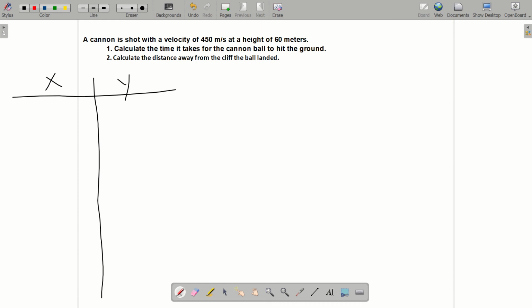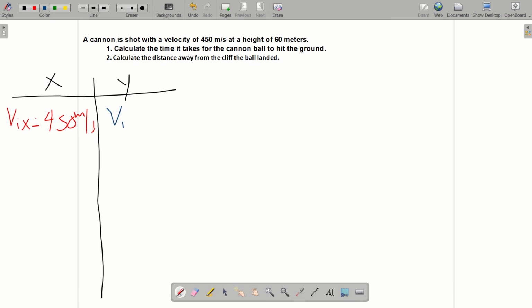The cannonball only shot horizontally, therefore all of that initial velocity is going to be in the x direction. And the reason I'm doing Vix is that way I know that this is my initial velocity in the x direction. I'm going to do the same thing for my y.